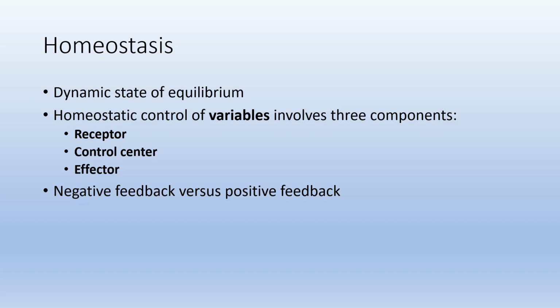When looking at homeostasis or the control of certain variables in the body, we have three components. An example of a variable would be blood sugar or body temperature. There are three components, the first being the receptor, the second, the control center, and lastly, the effector.